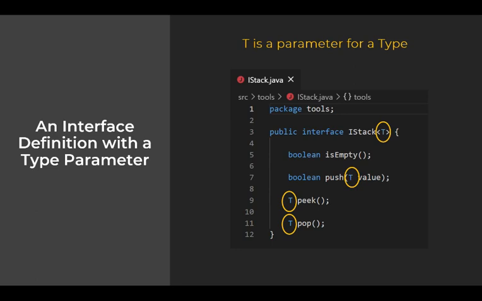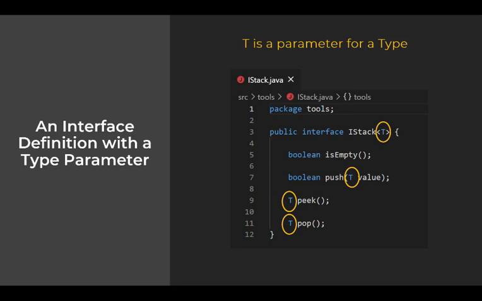The most commonly used type parameter names are E for an element, usually used in the Java collection framework, K for a key, N for a number, T for a type, V for a value, and then S, U, V, and so on for the second, third, and fourth type. Something we're going to see towards the end of this video.